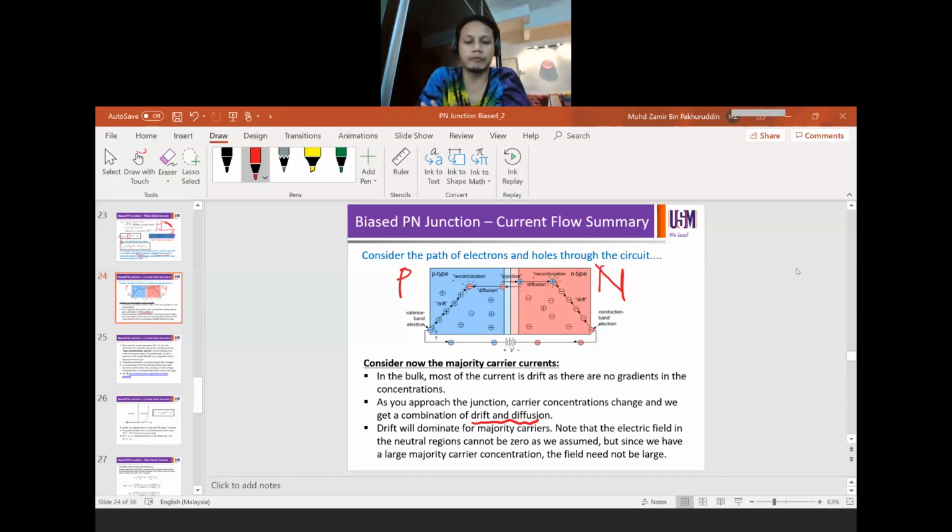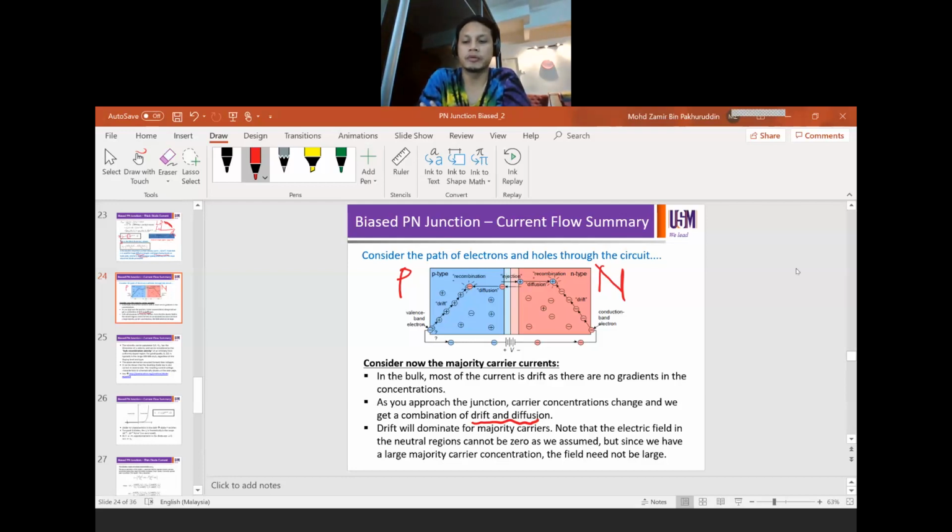So that's why the moment your majority carriers approach the PN junction, they will be affected by the electric field near the junction or within the junction, if you like. Last time we discussed that as they approach the junction, the carriers will be swept by the electric field into the respective region.